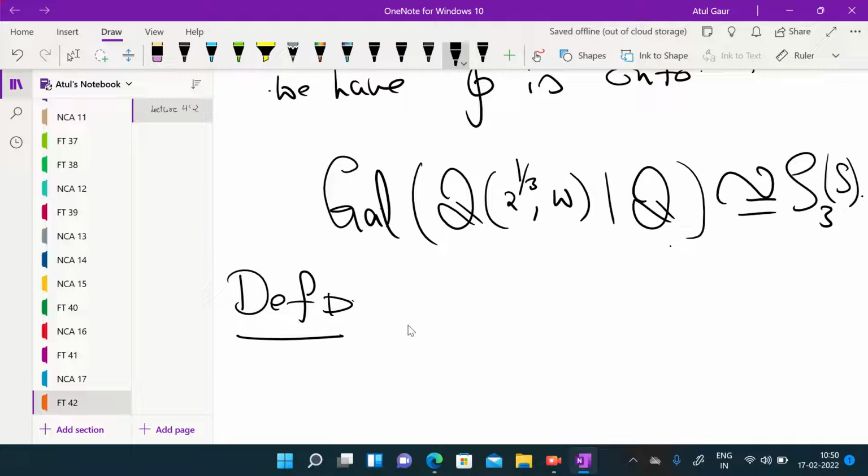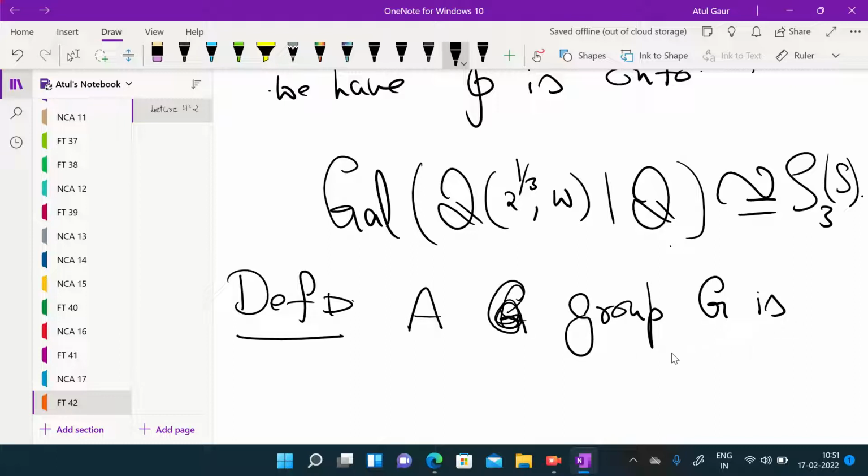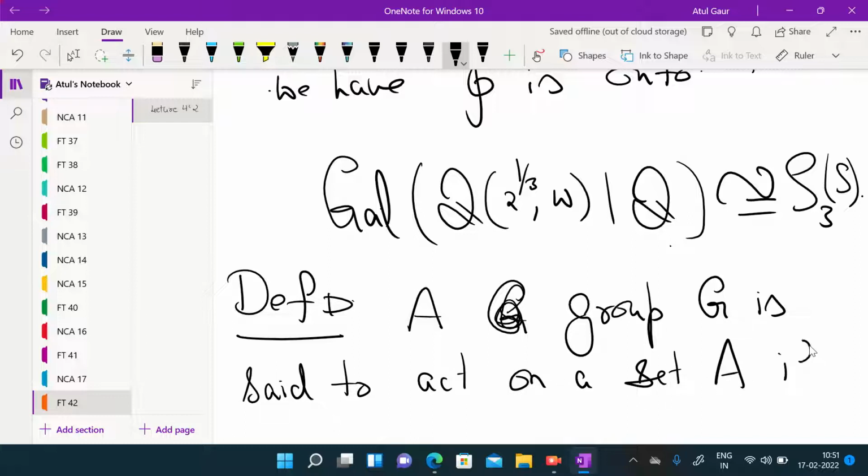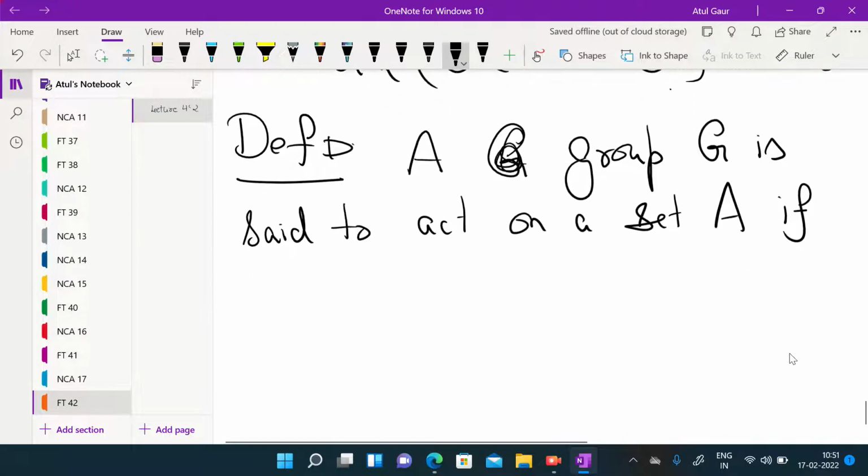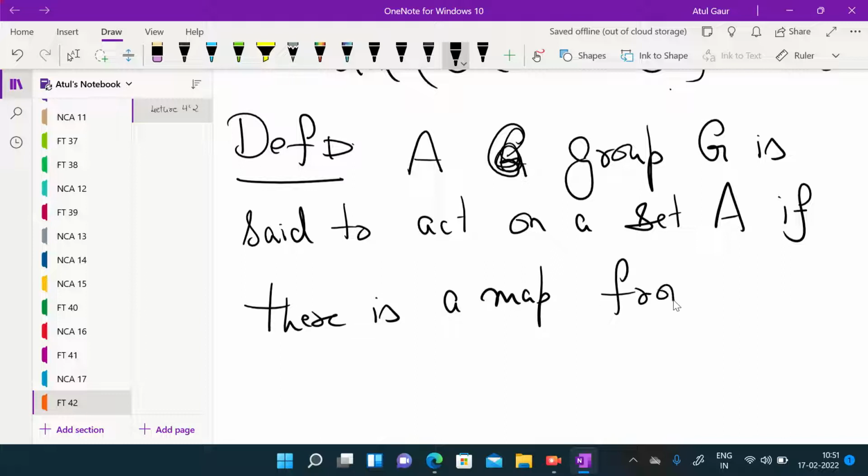So a group G is said to act on a set A if there is a map, simply a function, from G cross A to A.